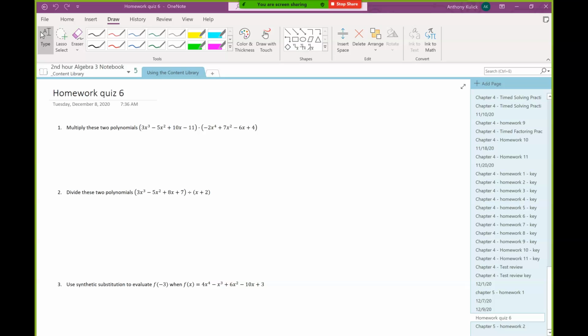You can just take your picture file and upload that into PowerSchool. If you want to turn it into a PDF, that's perfectly fine also. This is the last homework quiz for the semester. Any questions about that?